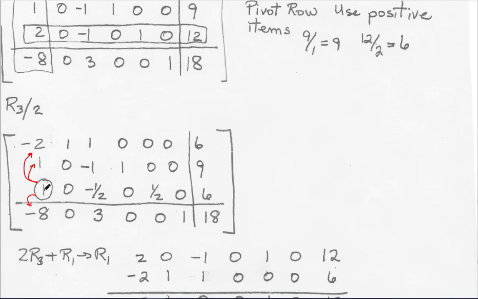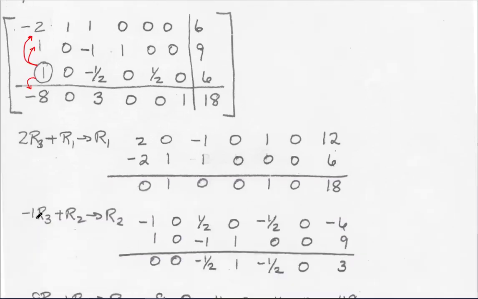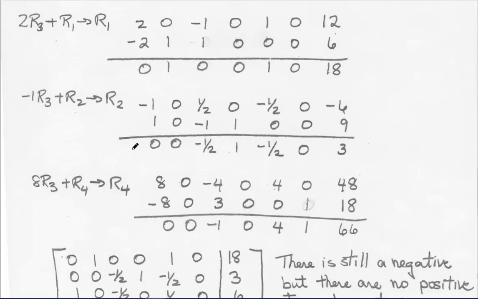So 2 times it, add the -2 is 0. -1 times it plus this item would make it 0. 8 times 1 is 8, add a -8 is 0. So again, I'm scrolling up so you can see here are the prescriptions for how to generate my new row 1, new row 2, and my new row 3.